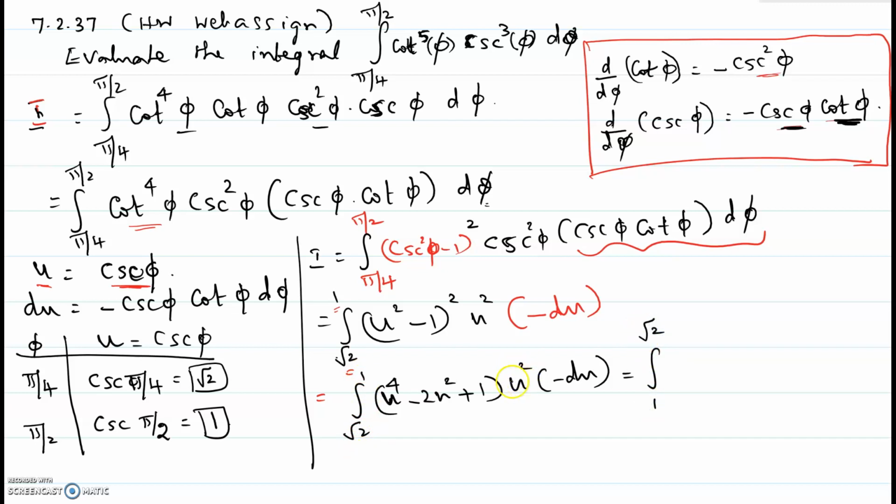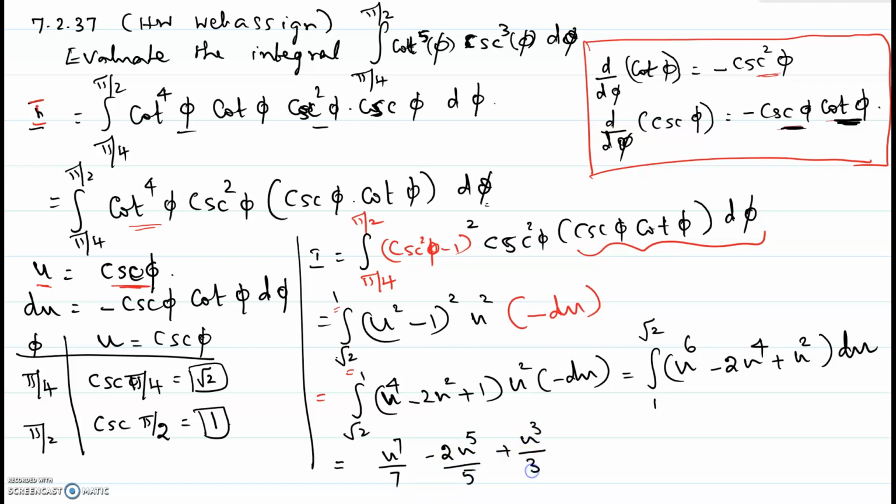Now you distribute the u square, so it is u to the power 6 minus 2u to the power 4 plus u square du, which will be u to the power 7 over 7 minus 2u to the power 5 over 5 plus u cube over 3 between the limits 1 and square root of 2.